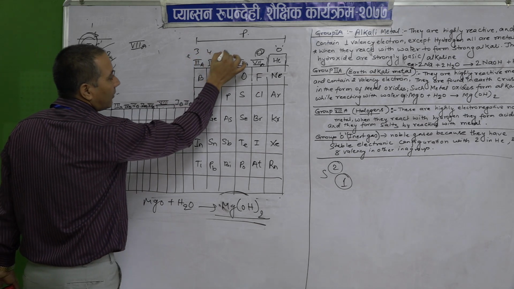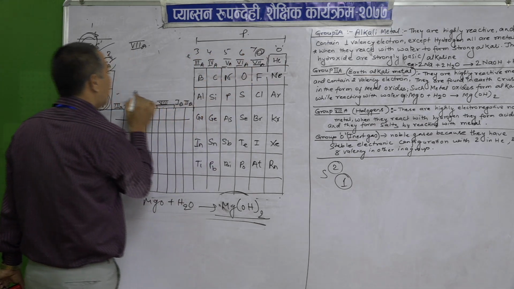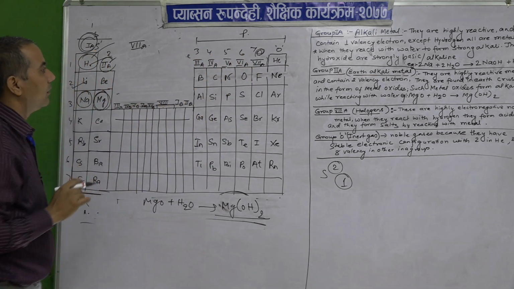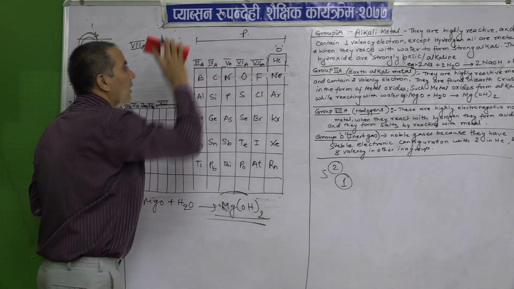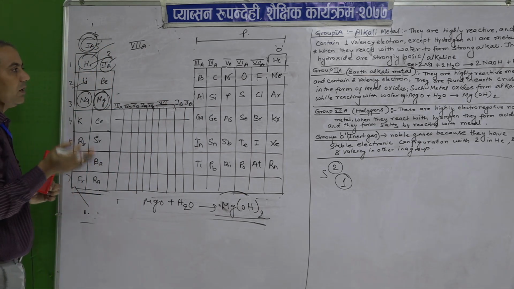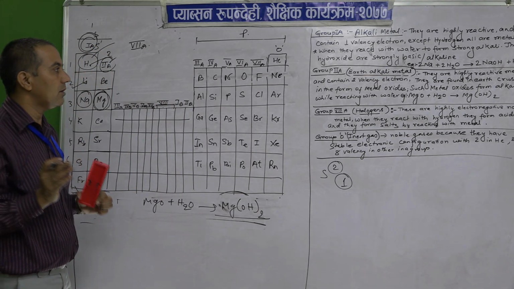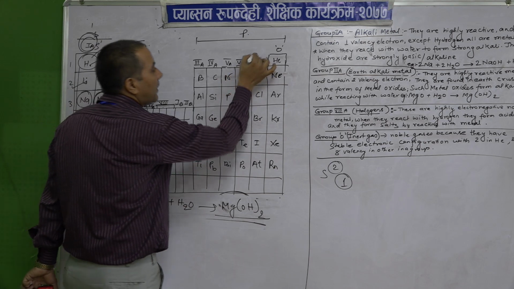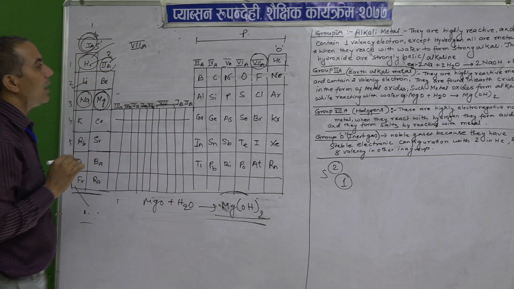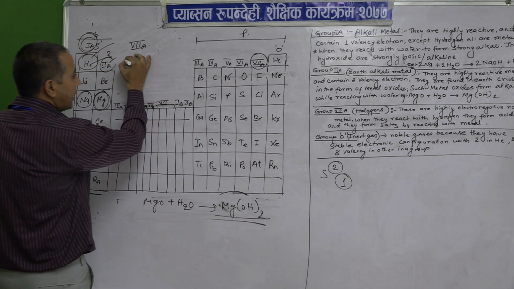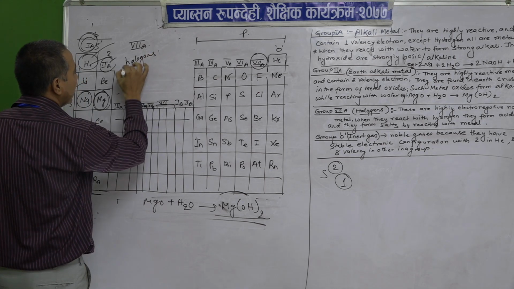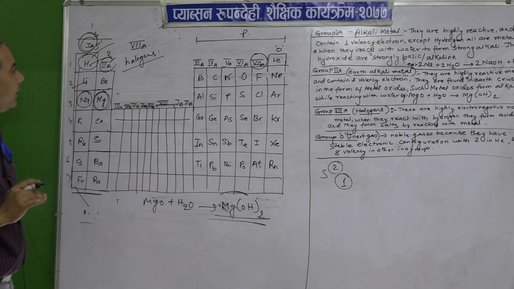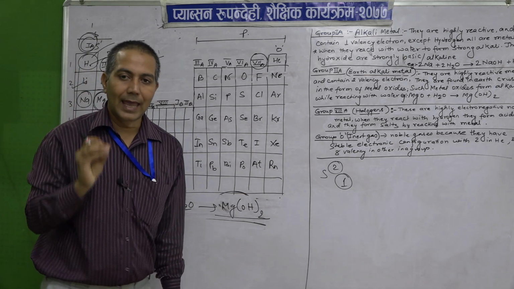That is not related to our syllabus, therefore we will concentrate on what is there. The 7A group is called halogens.